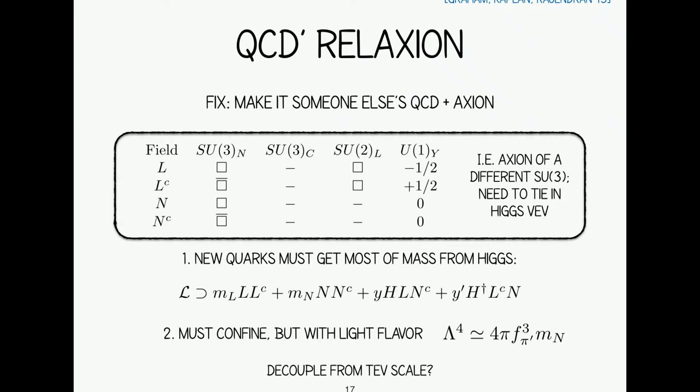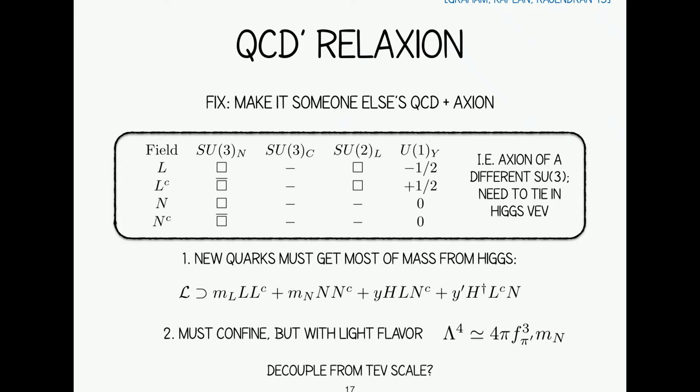So you can write down some model where you introduce some new fields, some new gauge group that has an axion and has some QCD-like potential for it, and then the new fields that are charged under this new gauge group also have to be charged under the standard model weak group, and they have to get some of their mass from the Higgs vacuum expectation value. So you can play this whole game again.